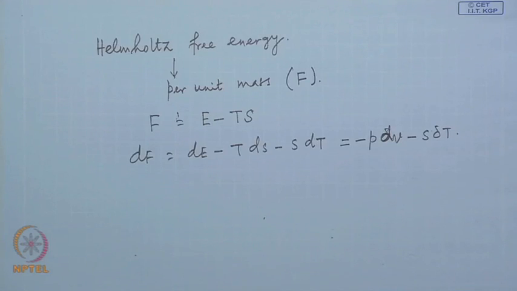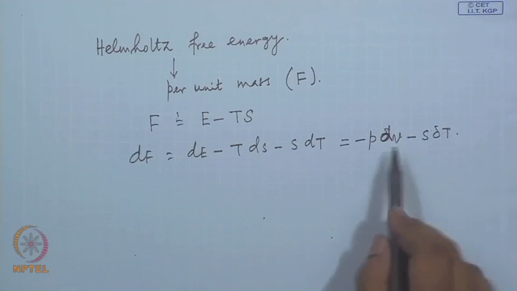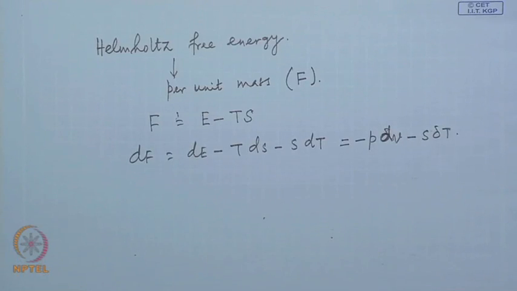So, again in a reversible small change at constant temperature, dF equals minus P dV, or equal to the compression work or useful work.